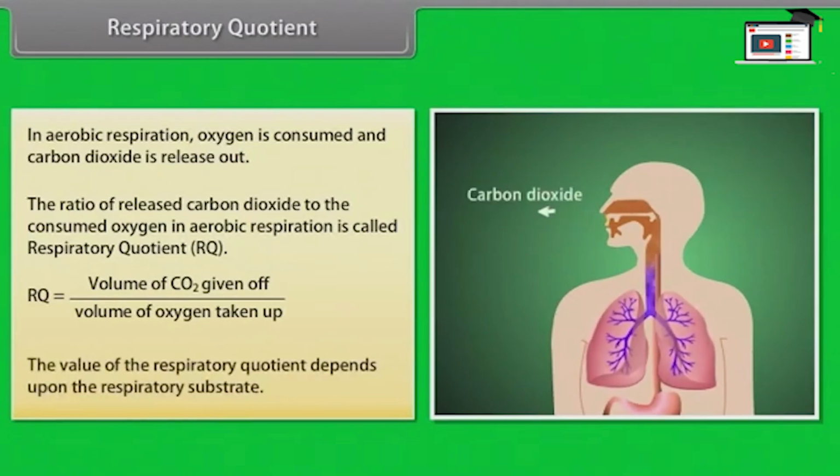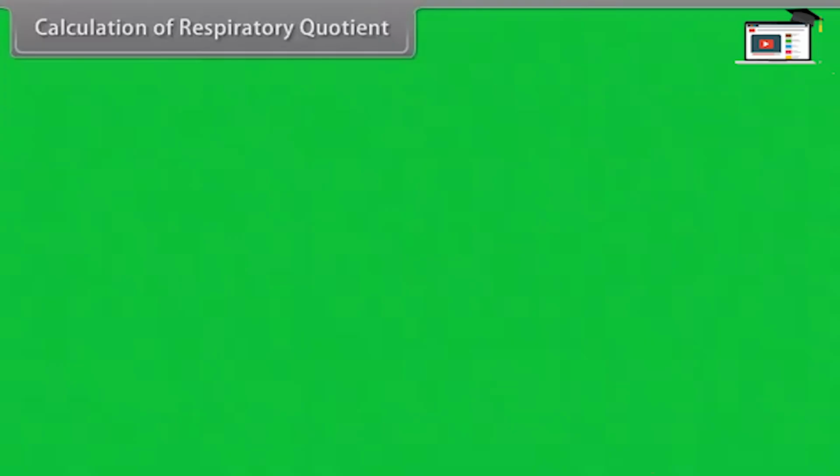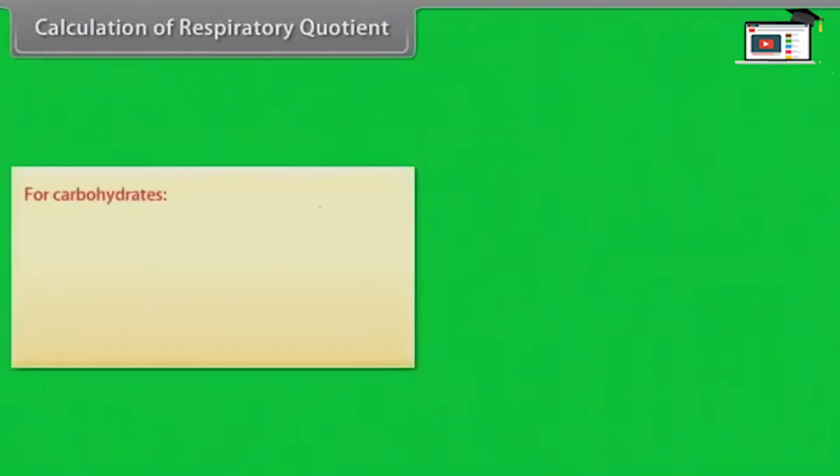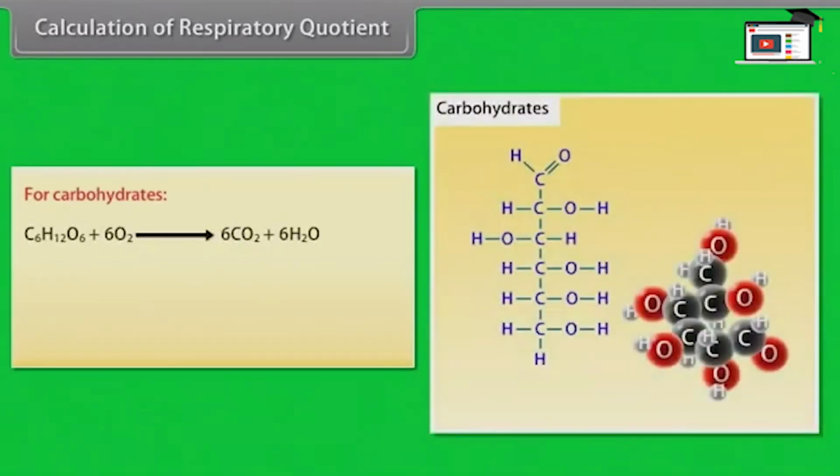The value of the respiratory quotient depends upon the respiratory substrate. Calculation of respiratory quotient. For carbohydrates, C6H12O6 plus 6O2 gives 6 CO2 plus 6 H2O. Respiratory quotient can be calculated as 6 CO2 by 6 O2 is equal to 1.